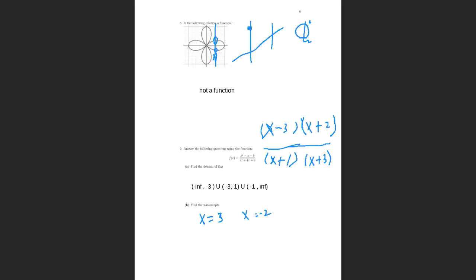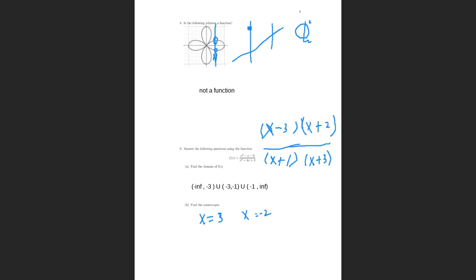So it says find the y-intercept. The y-intercept, if you think about it, is when your x is 0. So let's go back here and just plug in 0 for x. We're going to have minus 3 times positive 2, which is minus 6, divided by 1 times 3, which is positive 3, so it's minus 2.